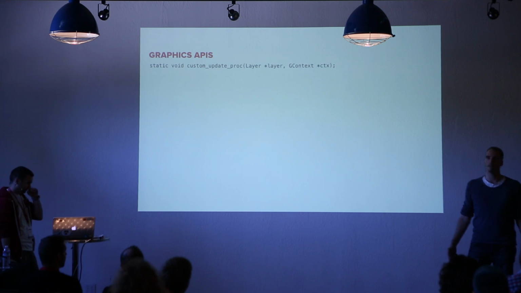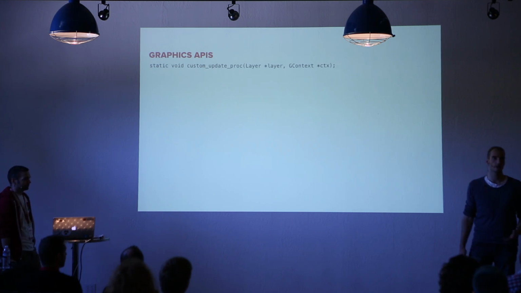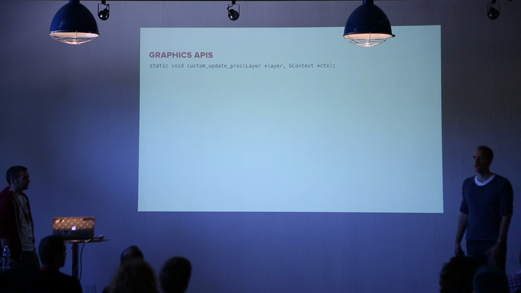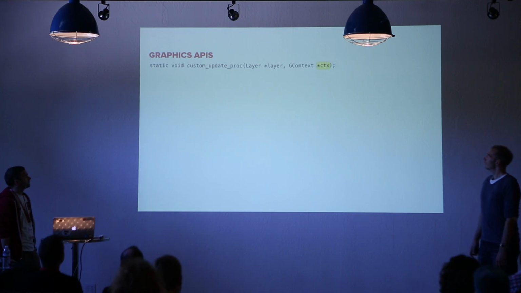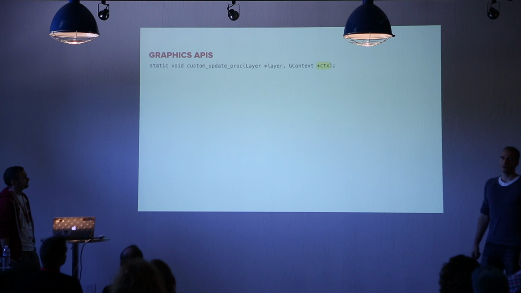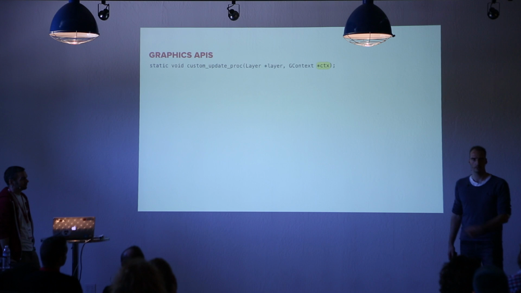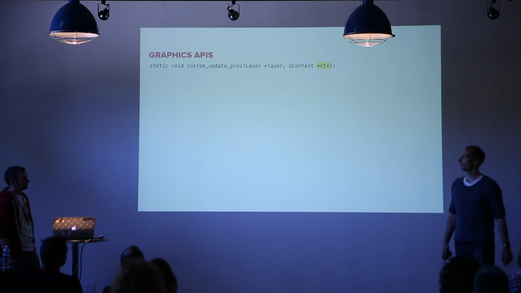It's not that they're doing any magic there. It's just that they have an update procedure to render their content. The clue here is that you have a graphics context in your update proc, and that is the gate to the actual pixels. All the graphics libraries we provide rely on that graphics context.